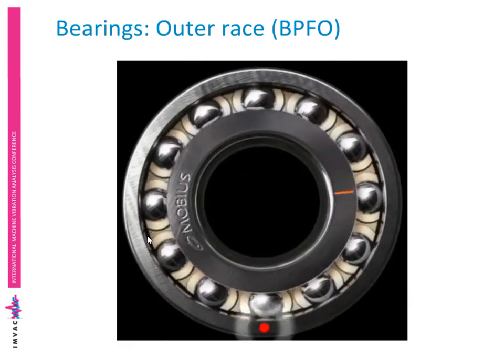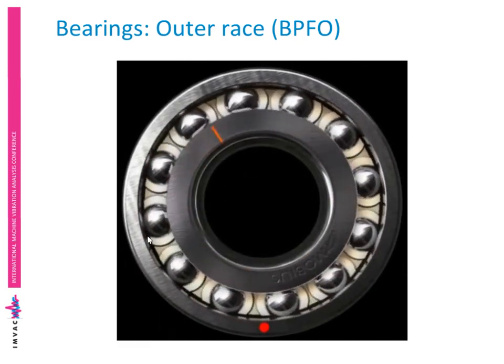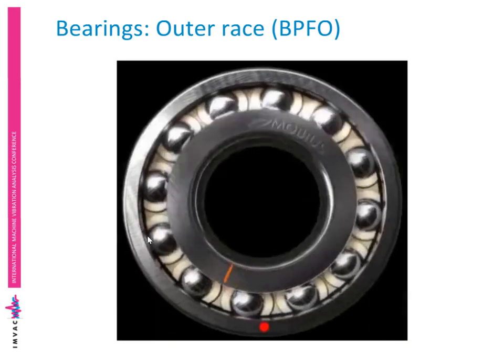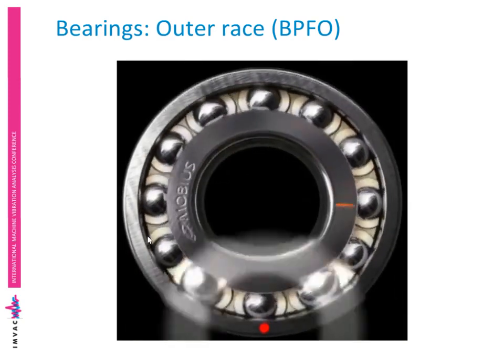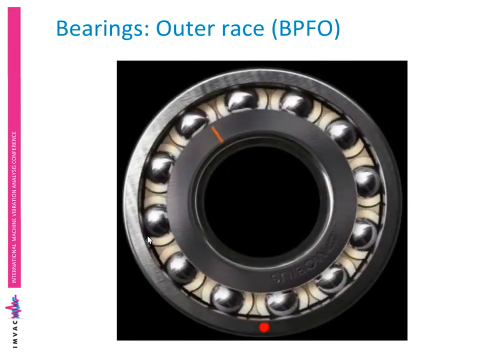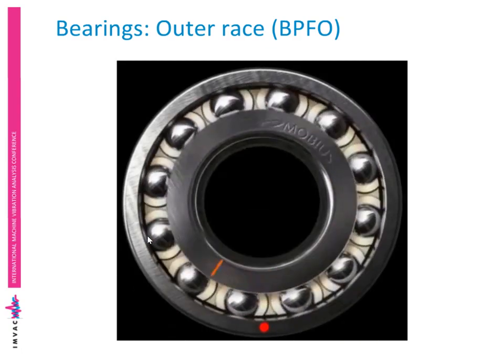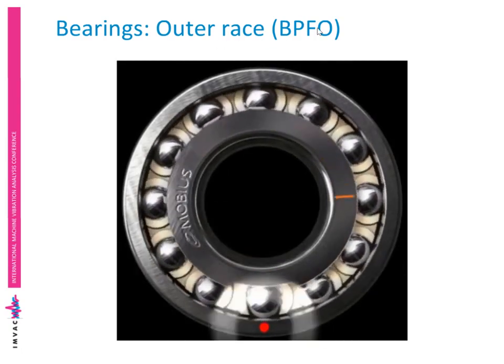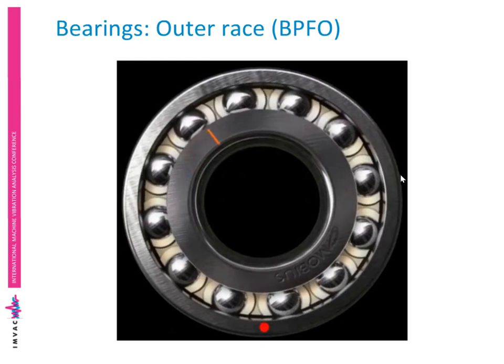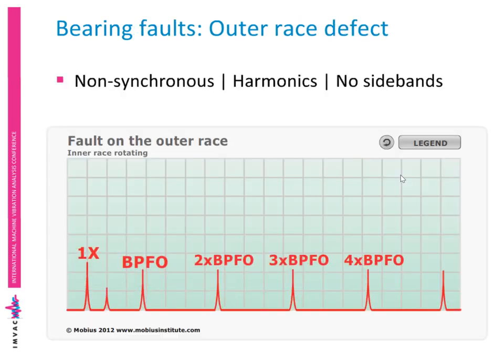Now, I mentioned some of this already, but just to say that first, if there's a fault on the outer race, we will see a frequency that we call the ball pass outer race frequency, that's BPFO, and we'll see a certain type of pattern. We expect when the inner race is turning that there will be vibration, there will be harmonics.